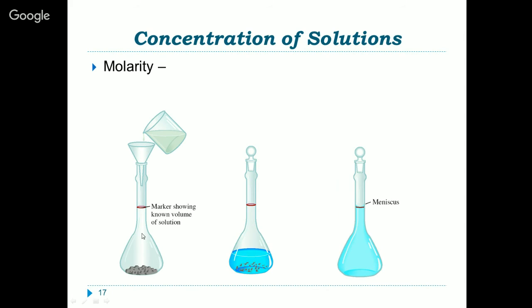This is a volumetric flask. Here is the marker that shows me the exact volume that I need to get to. So I pour some water in, I stopper it up, I shake it to dissolve, and then I continue to add water until my meniscus hits this line. So then I've created some volume of a specific concentrated solution.